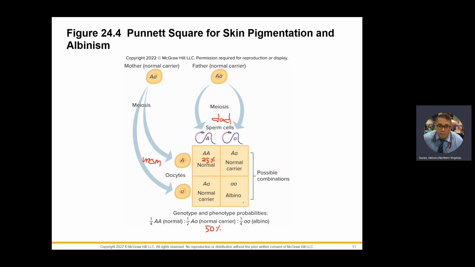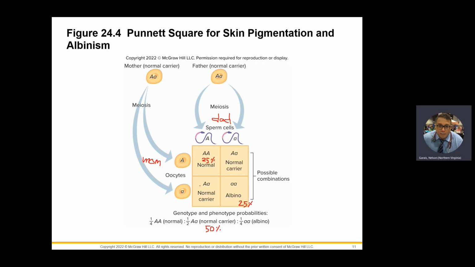But 25% of the kids, the chance of a child to have albinism, no melanocytes, is 25%. 1 out of 4. Okay. So potential questions I could ask, if I show you this Punnett square, you'll tell me this is daddy's genotype, capital A, lowercase a. Phenotypically, he's normal because for albinism, a carrier doesn't have the disease.